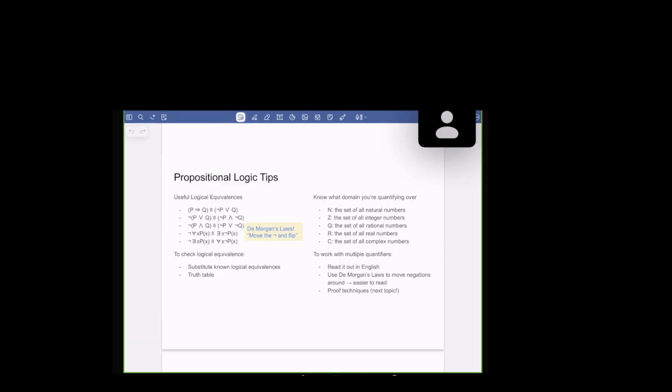L is X loves Y. But if it was the other way around, there exists a Y such that for all X, L of X and Y, that means there is someone that everyone in this room loves. So it's two different things, right?